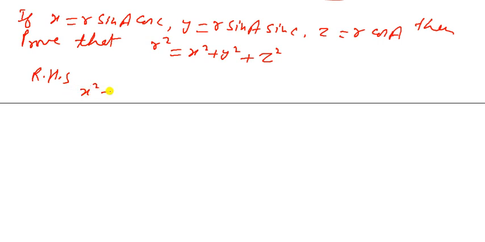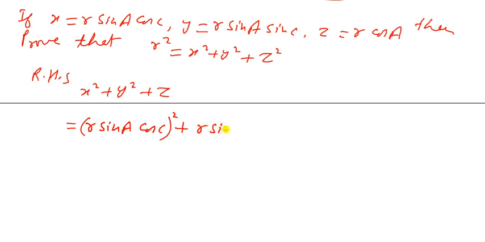Now taking the right hand side, RHS, of the above question, that is x square plus y square plus z square. Put the value of x, y and z in all the terms.